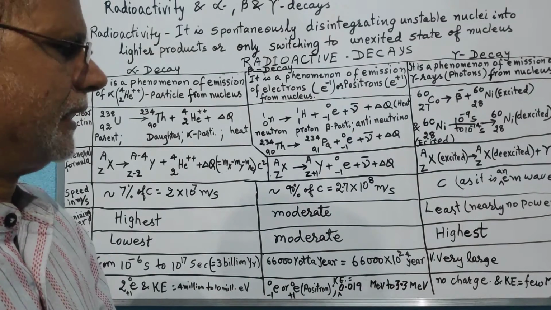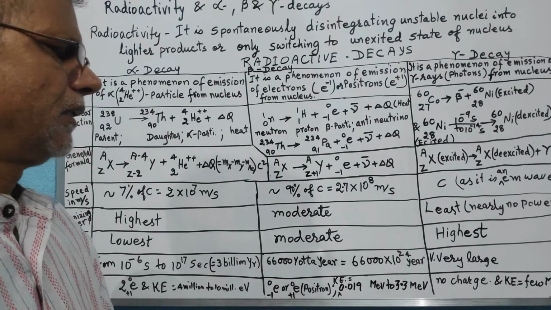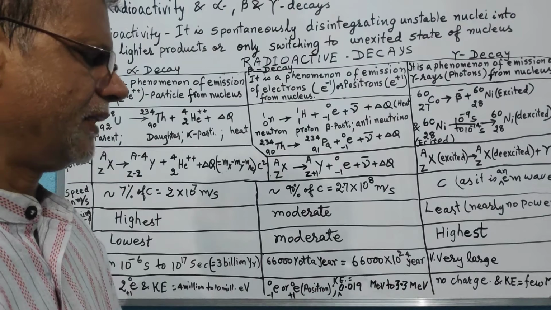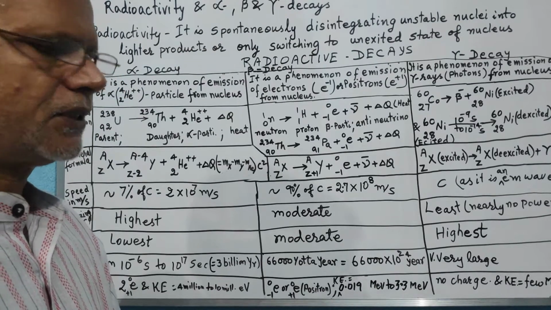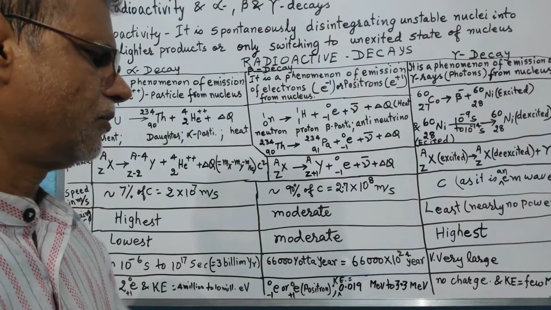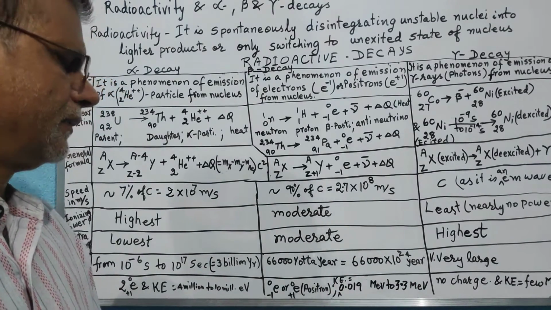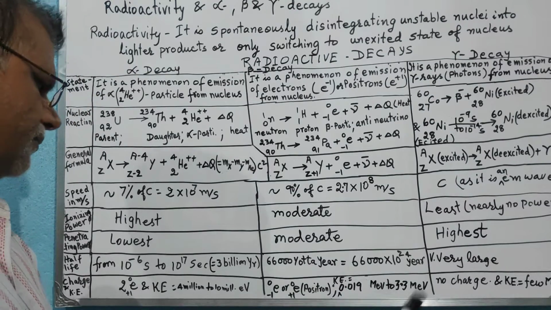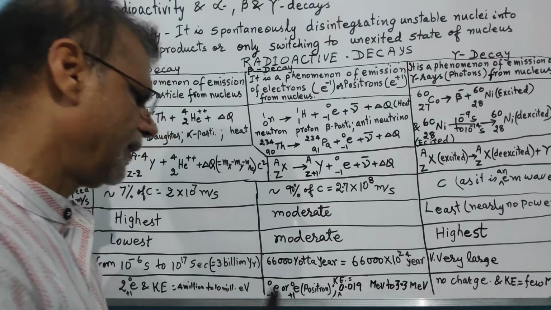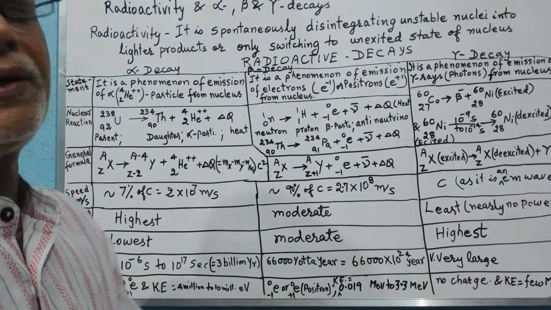But gamma rays are nothing but electromagnetic waves. They have no charge, therefore they are not affected by the electric field, and also not affected by the magnetic field. However, all these, be it alpha particles, electrons, or gamma rays, are affected by the gravitational field.